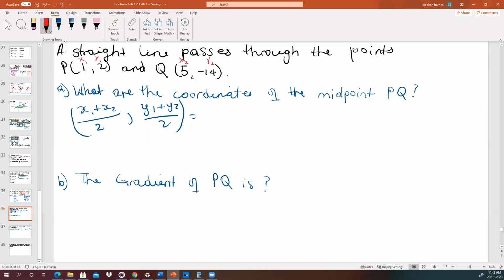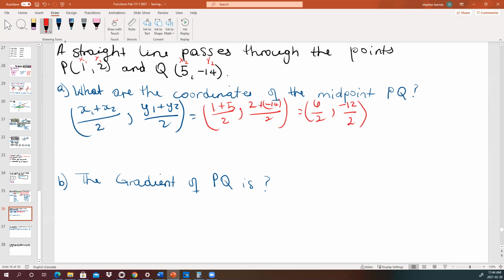So the x's are 1 and 5. So you have 1 plus 5 over 2. And then you have 2 plus negative 14 over 2. So we need to work that out. 5 plus 1 is 6 over 2. And then negative 14 plus 2 is negative 12 over 2.